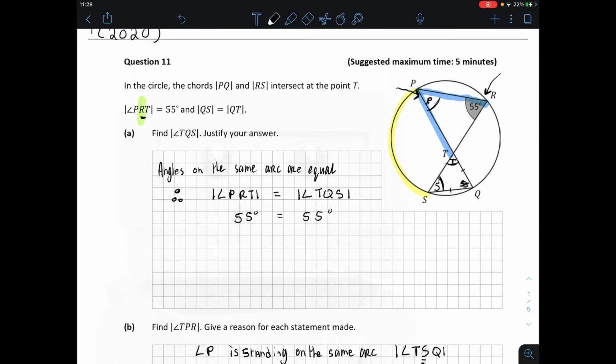Okay, so going back to our diagram, we know that this angle is 62.5 and we know that this angle is 62.5.